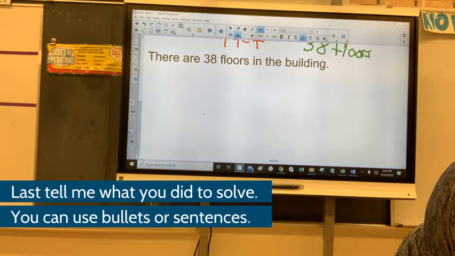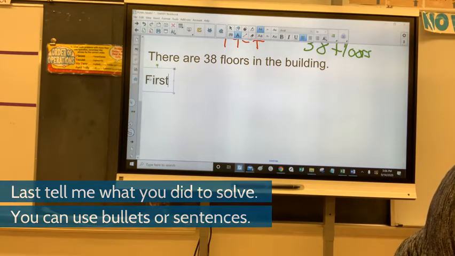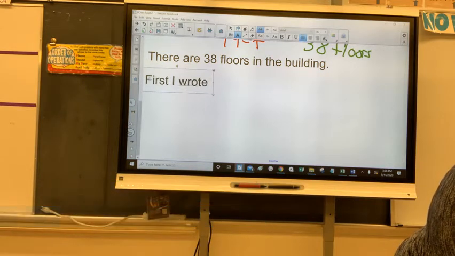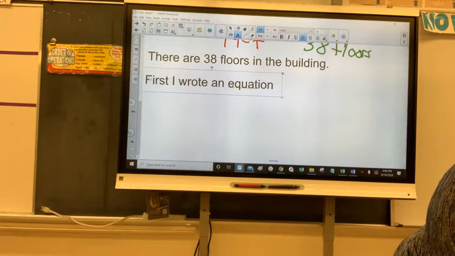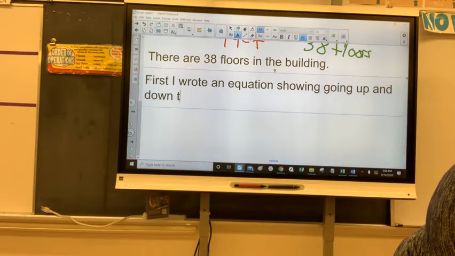We have to explain the steps that we took to get our answer. So first, I wrote an equation showing going up and down the floors in the elevator.